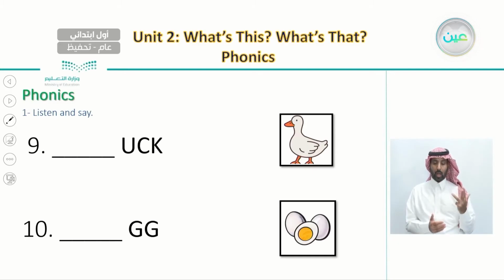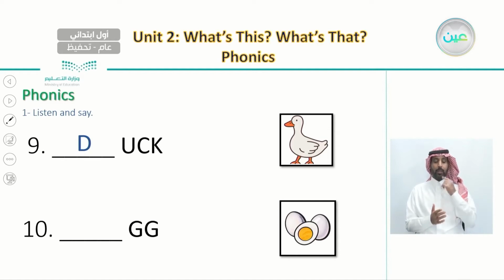Number 9, D say duck. So here, letter D, we pronounce it as duck. Duck. This is a duck.